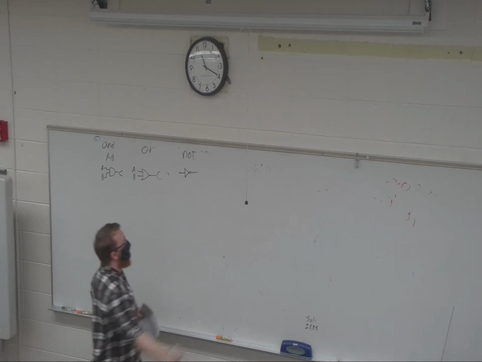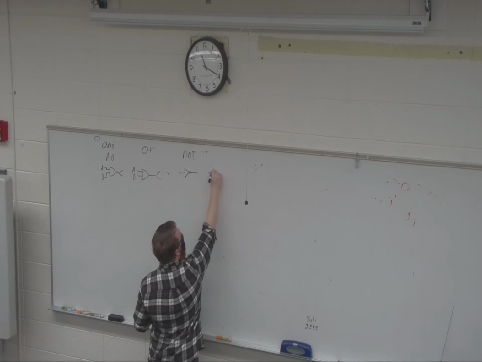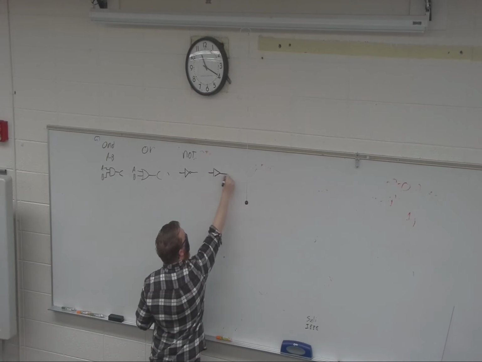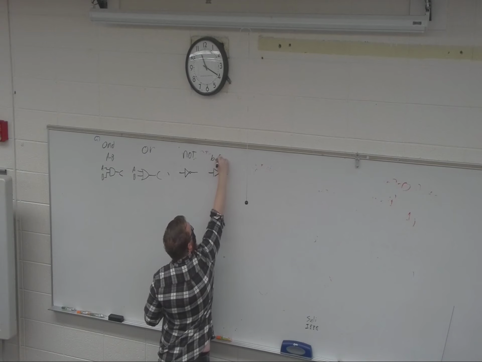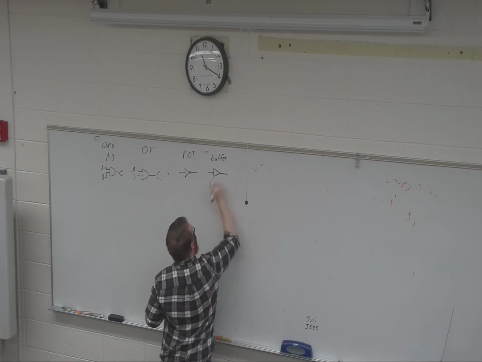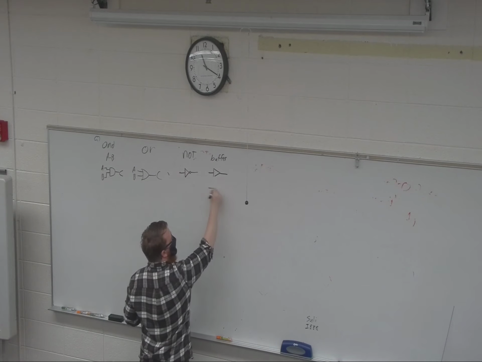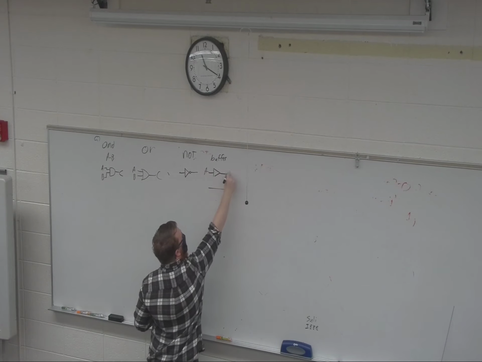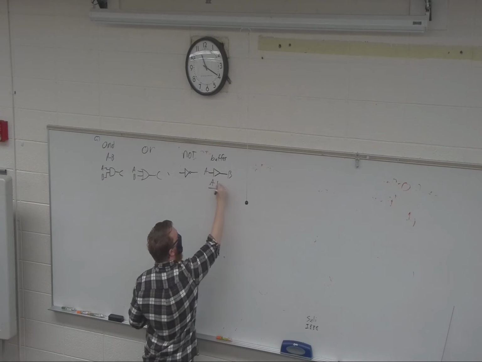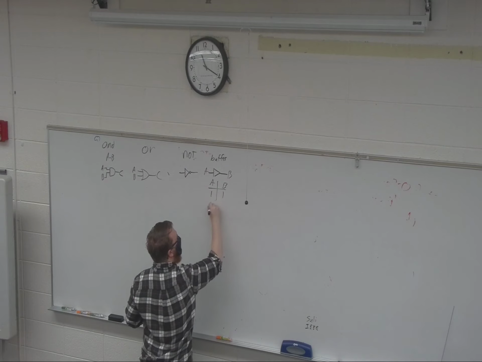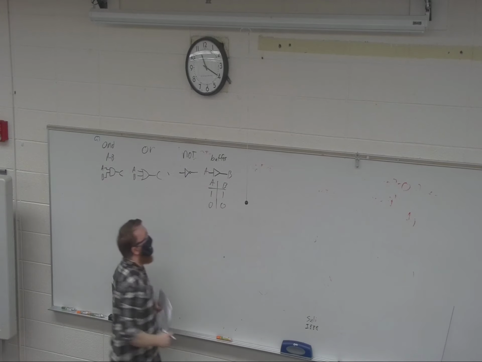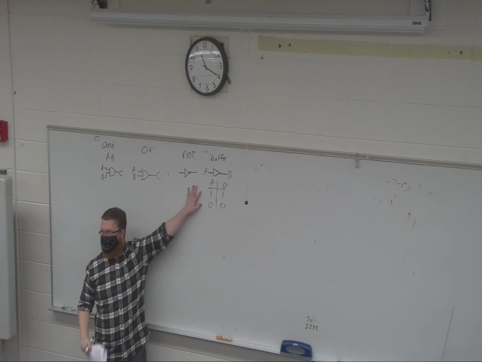The book will also define for you a buffer. And that's where this NOT gate originates from. So a buffer, all that's saying is, that's the truth table for a buffer. Whatever is input is output.